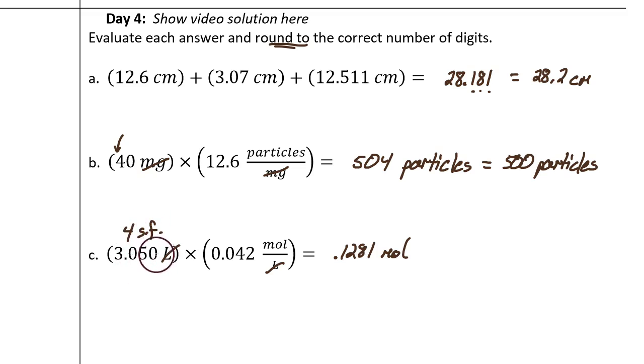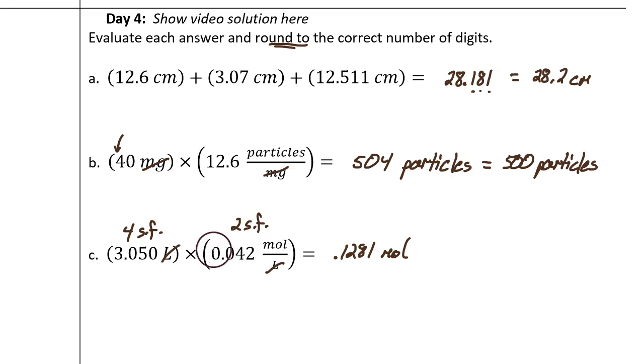The number does end in a 0, but unlike the previous number, the 40, which ended in a 0, this 0 is to the right of a decimal point. That communicates that the device that was used to create that measurement was actually accurate to that many decimal places. This measurement here has 2 significant figures.